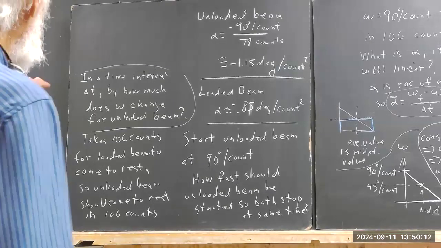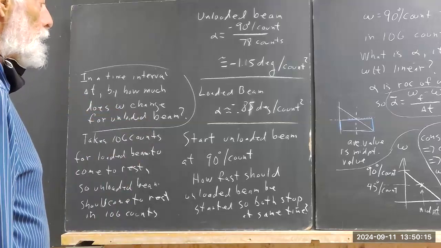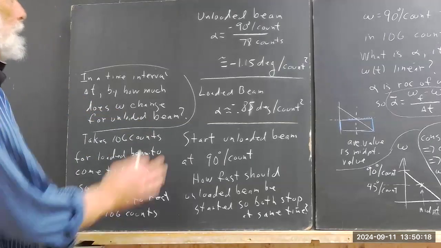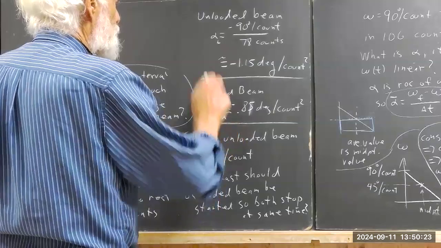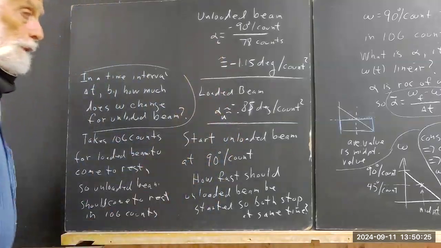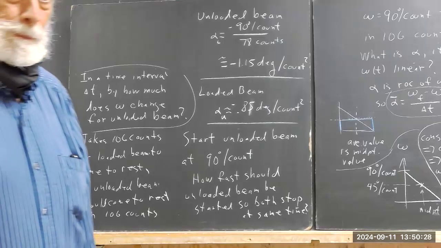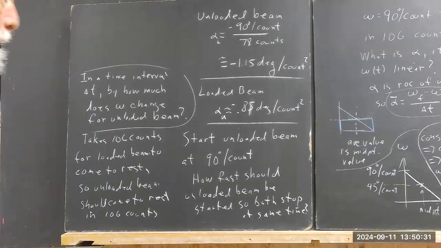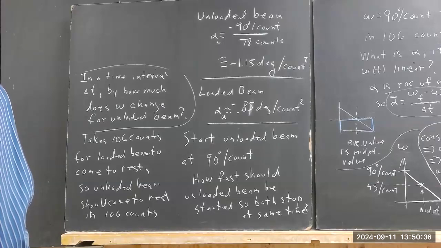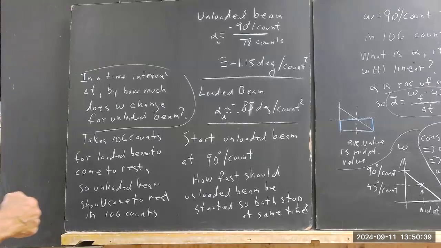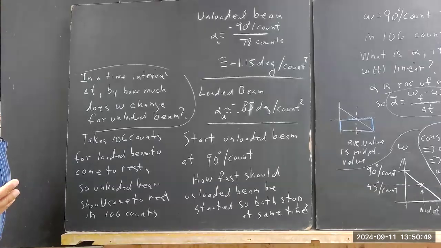And my question is, for a time interval delta T, by how much does the unloaded beam change? Let me put a couple of symbols on these. Alpha sub L is the loaded beam, alpha sub U is the acceleration of the unloaded beam. What do you think?